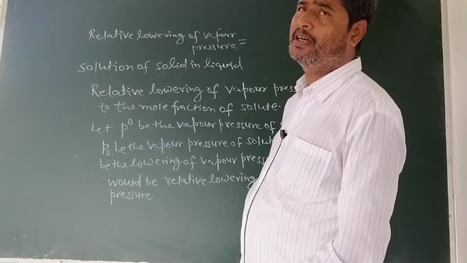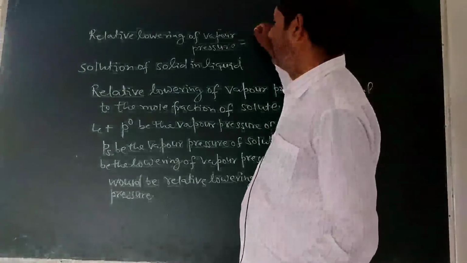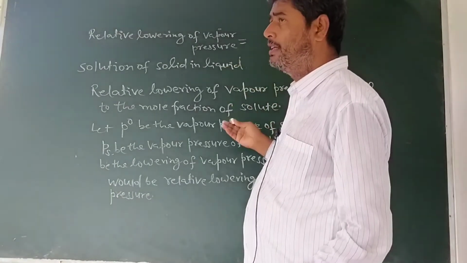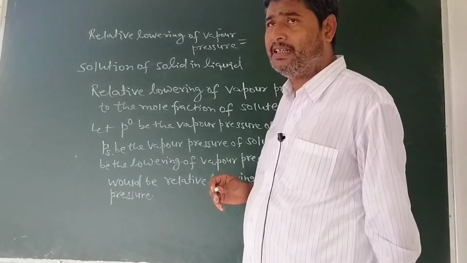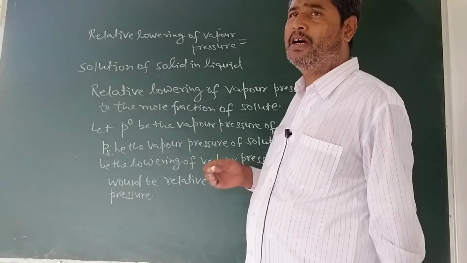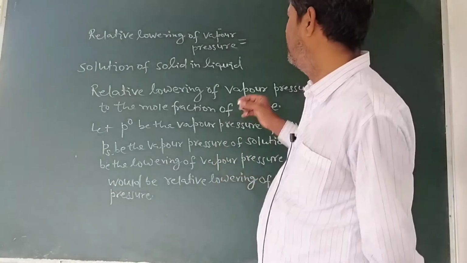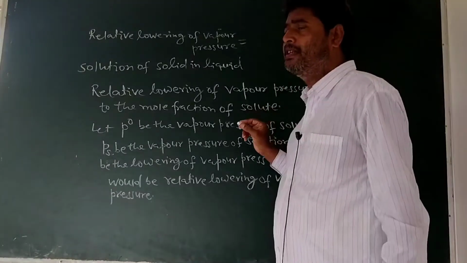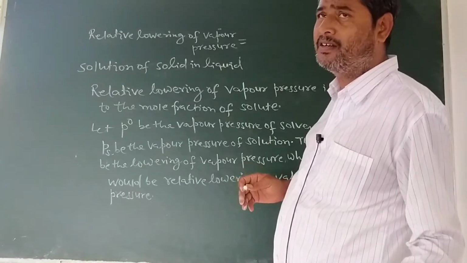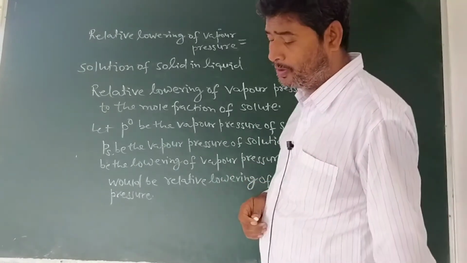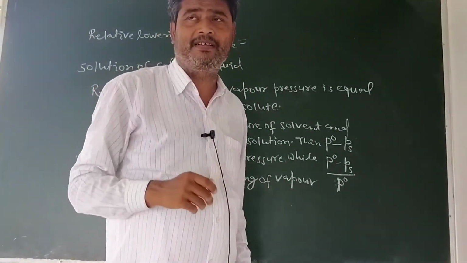The vapor pressure of solvent is always higher than that of the solution. The change in vapor pressure, that is lowering in vapor pressure, when the required amount of solute is added in the required volume or mass of the appropriate solvent, is P naught, that is P standard, minus Ps.